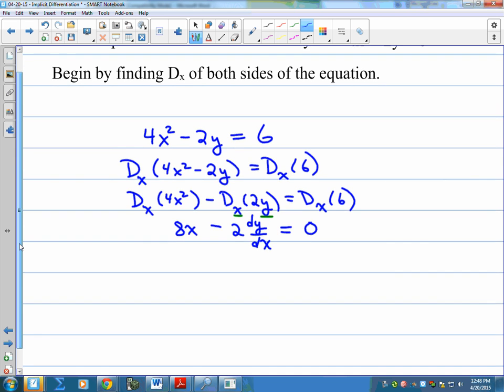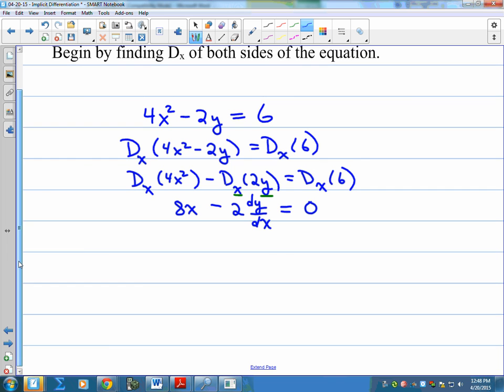So that middle part was my implicit part of things, where I had to multiply times dy/dx. Now all that's left is that since dy/dx represents the derivative of whatever y is, if I get that alone, it's the derivative I was after to begin with. So if I bring that term to the other side, I get 8x equals 2 times dy/dx.